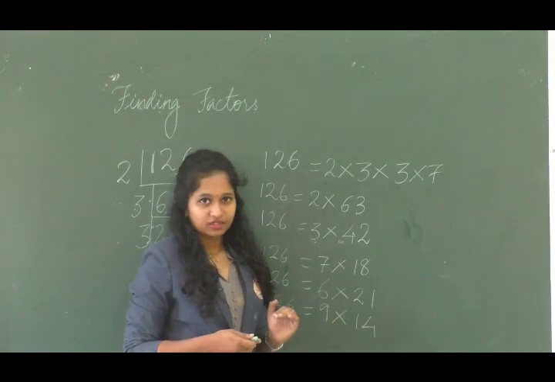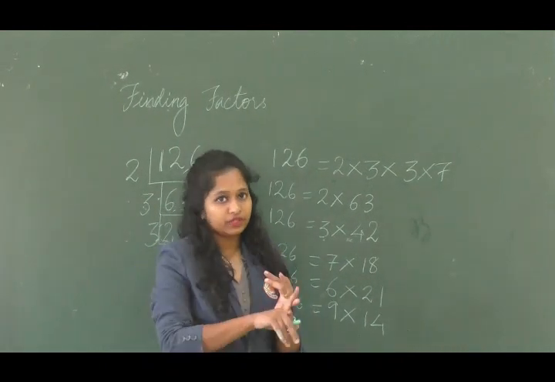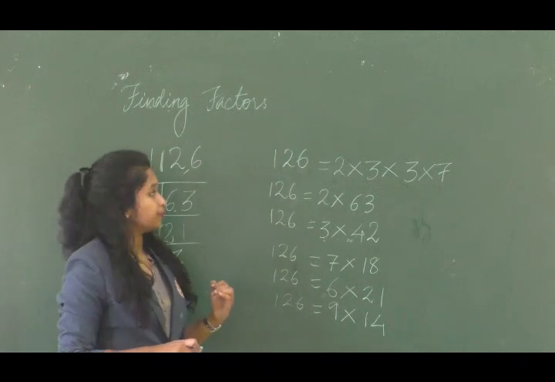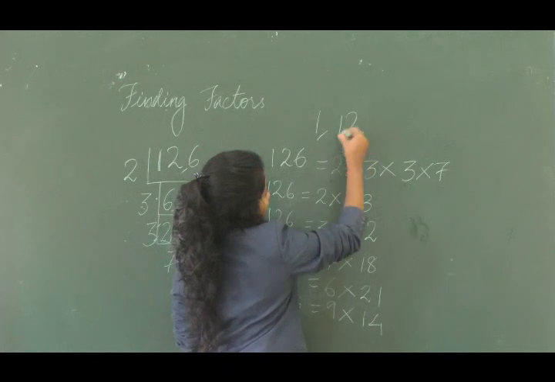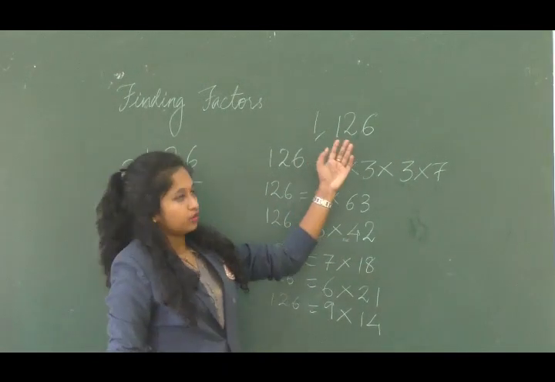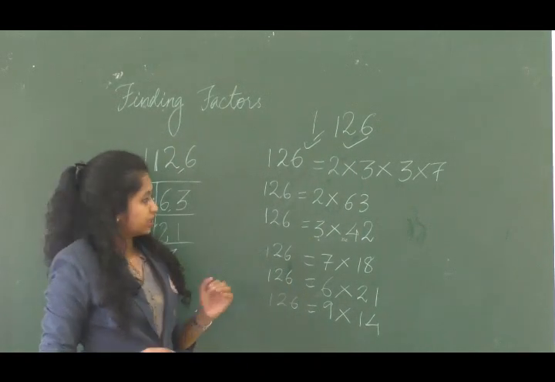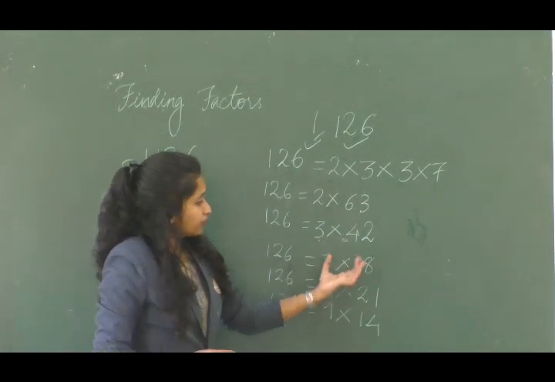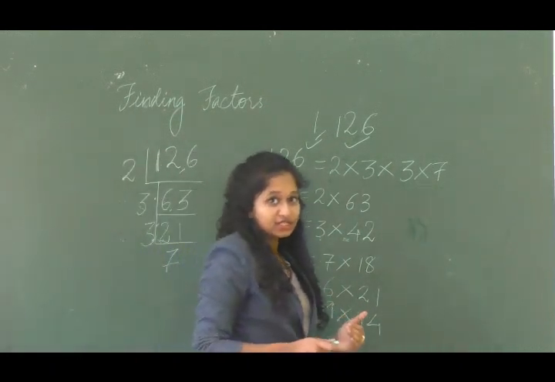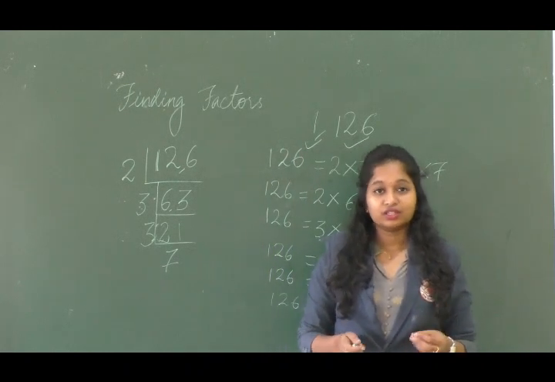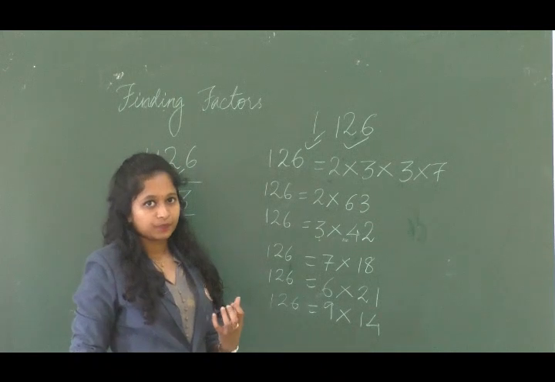So we got so many numbers here, and I already told that 1 and the number itself will be the factors of the given number. So 1 and 126 are already the factors of 126, and here by multiplying some numbers we got 126. So in the beginning of the class, what we told is the numbers used to multiply are the factors.